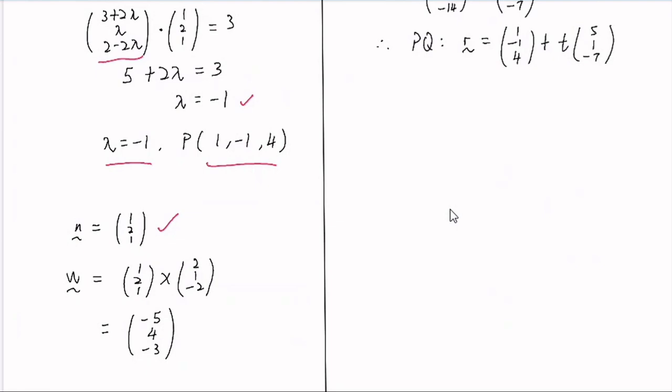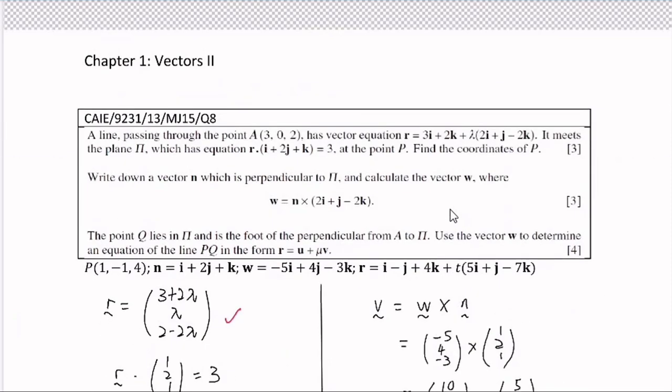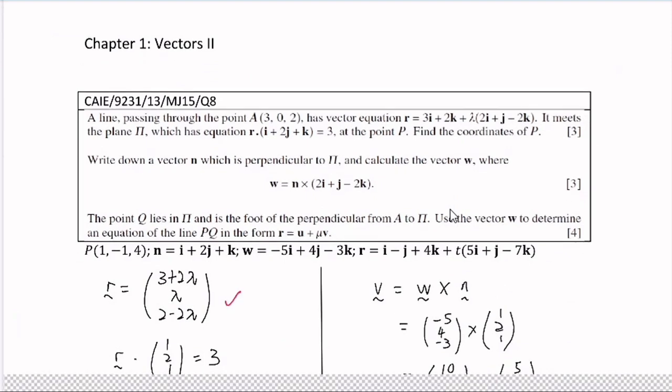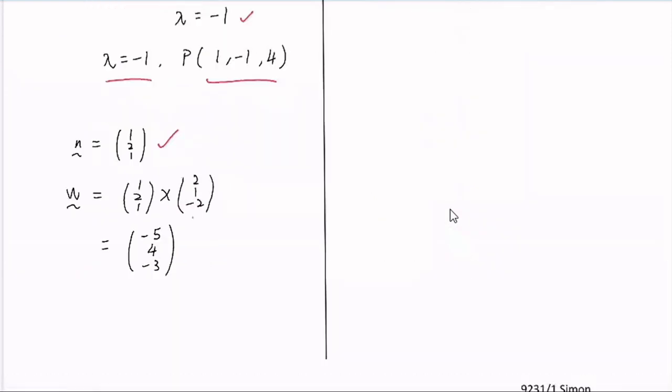Next, we have w, so we just need to do a little cross product. We use n to cross with (2, 1, -2), and we get the value of w here as (-5, 4, -3).